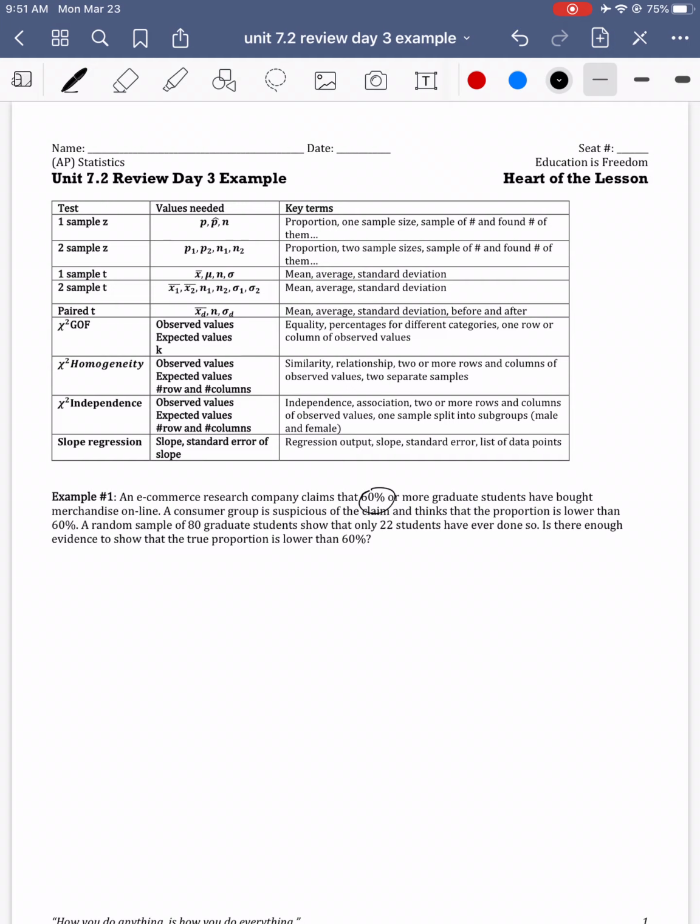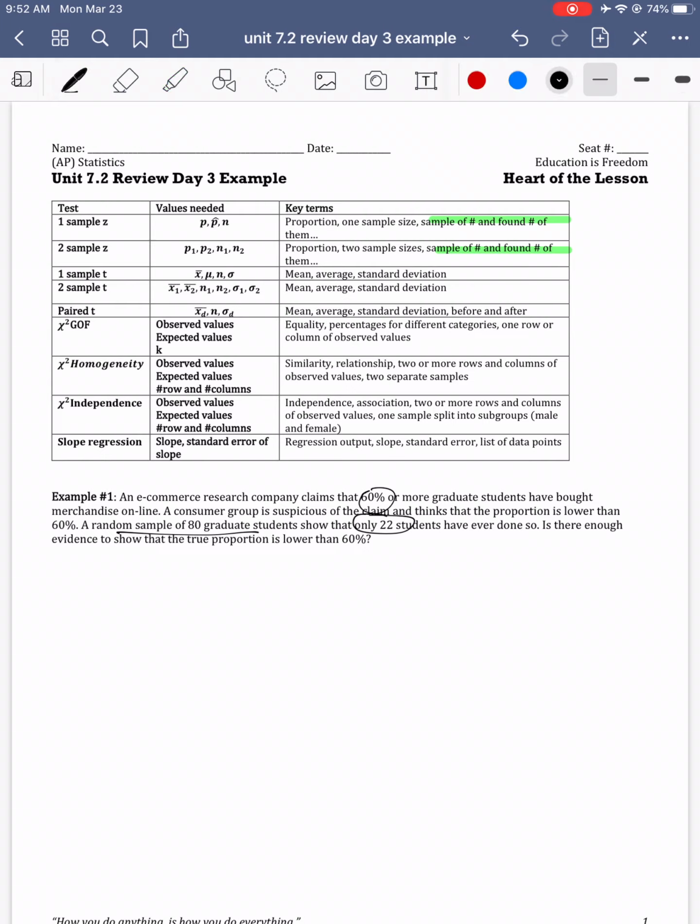But let's keep reading to make sure. So they say they took a sample of 80 graduate students and they found that only 22 of them have ever purchased something online. Well, again, if I go back up to my table, I see where it says took a sample of and found that some number of them did something. So this to me is jumping out as a proportion.